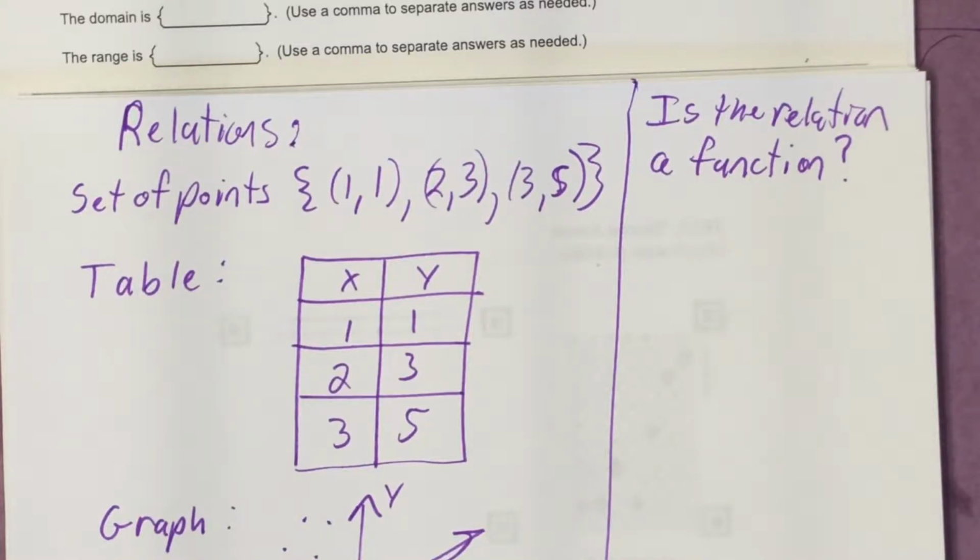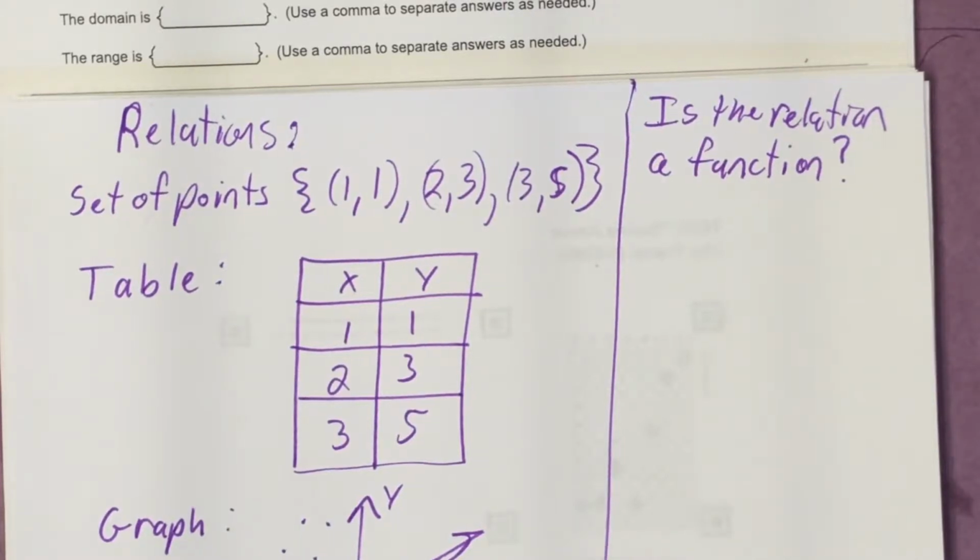As we go through each type of representation of a relation, we're going to examine how we either show or don't show that the relation is a function. And we're going to try to do our best to connect these in a number of ways.